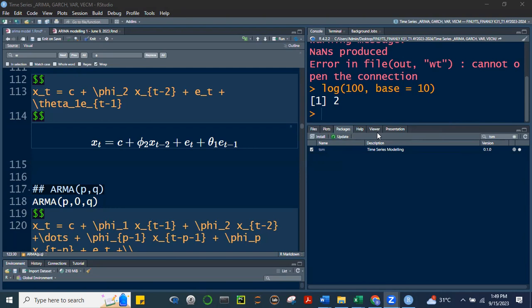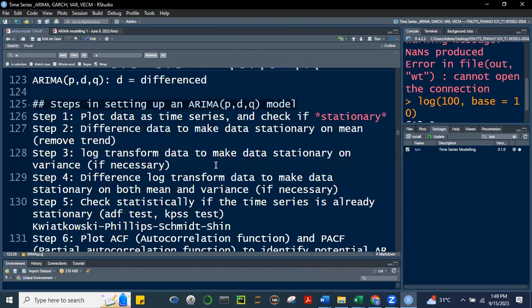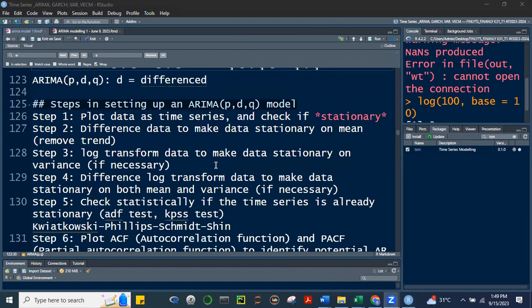All right, class. So in your cases in the future, if you're asked to model using ARIMA, the first step is to plot the data, have a visual inspection of the data, and then see if it's stationary. If not, then you will have to do some transformation: either get the difference only, or get the log only, or a combination by getting the log and then the difference.